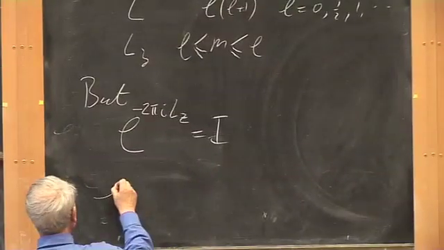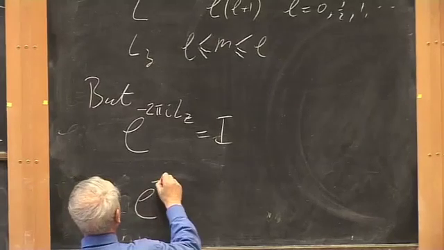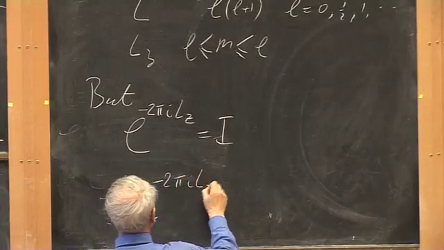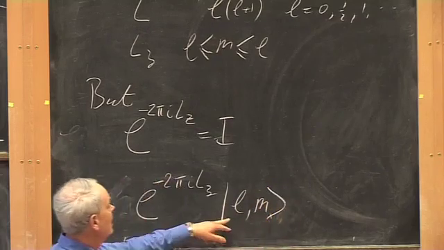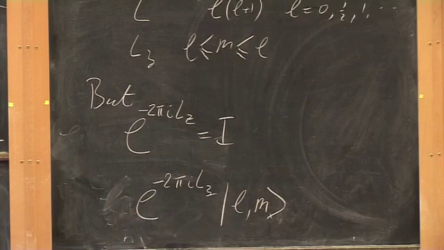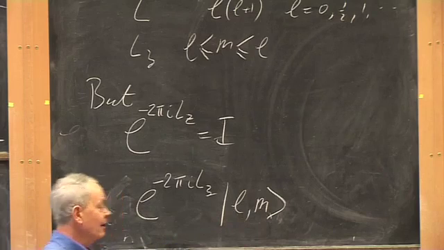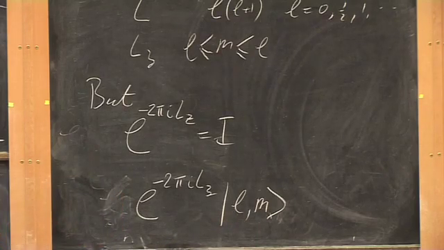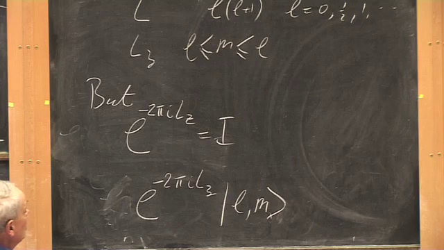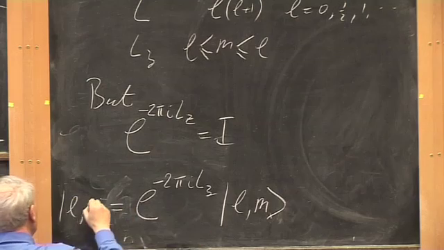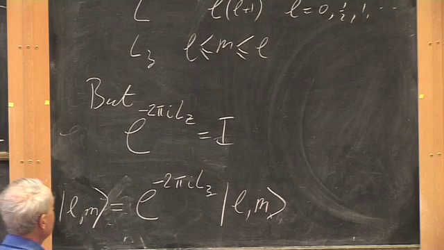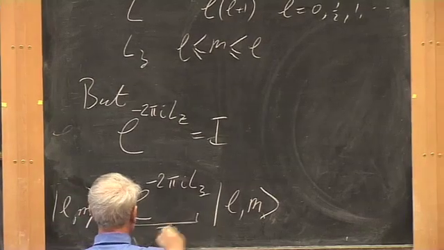Consequently, if we use this operator on one of our states, which are going to be called |l,m>, the mutual eigenstate of L squared and Lz, with eigenvalue L(L+1) for L squared and m for Lz, precisely by analogy with what we did with J, then this has to be simply |l,m>, because this is the identity operator.